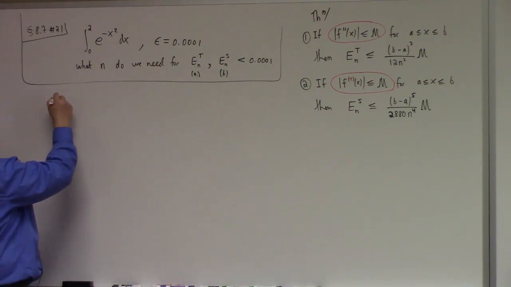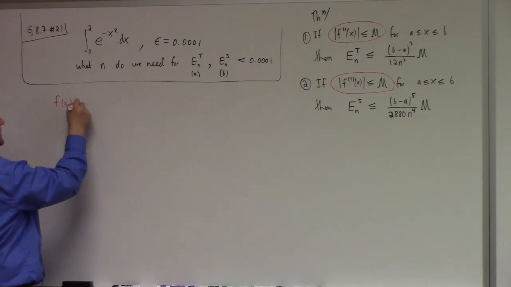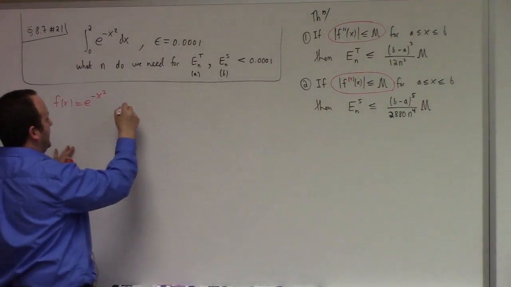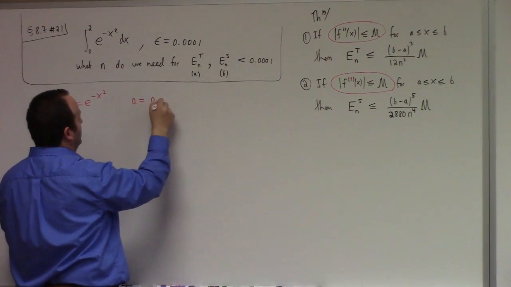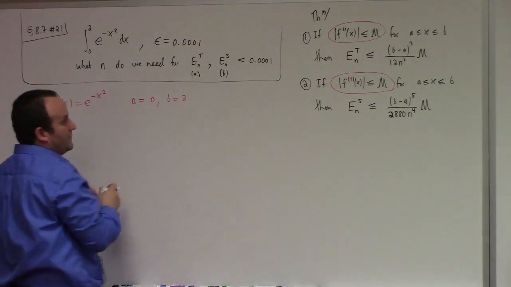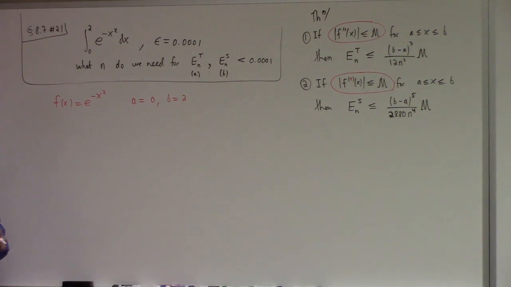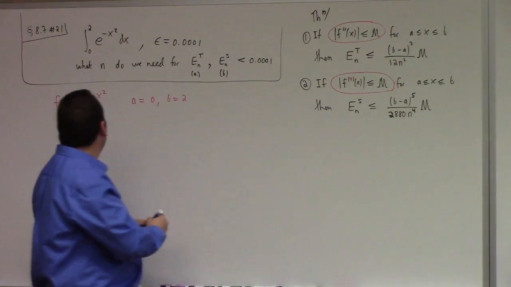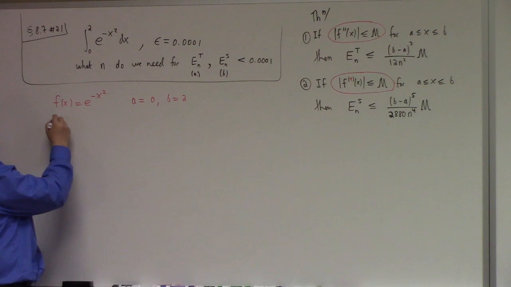So this problem, we have f of x is equal to e to the minus x squared, right? And this one we have a equals 0, b is equal to 2, right? Just to get started. And so I'll do part A, and I'm going to leave part B to you guys, all right? So part A, you're like, well, you're doing the easy part. Yes, I know. f prime of x is what?